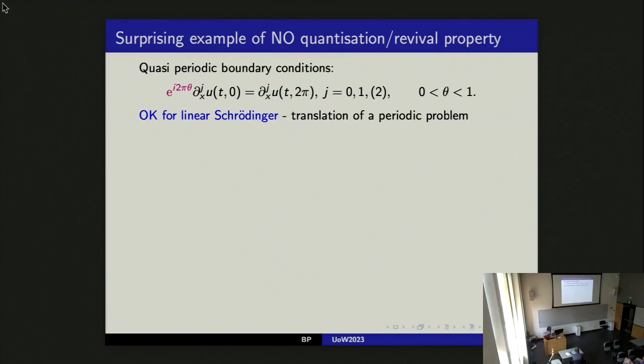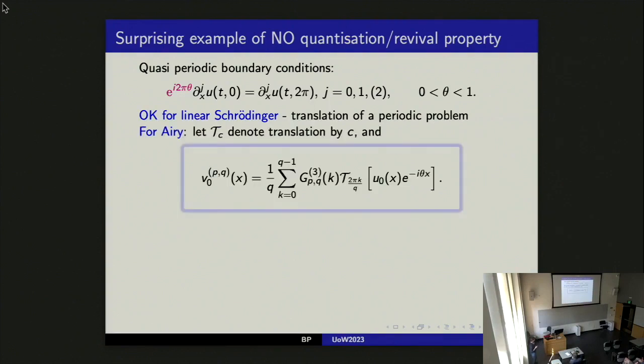The first thing you can do is looking at quasi-periodic boundary conditions. This is as close as you get to periodic conditions. If you look at these conditions for linear Schrödinger, that's just really a translation of a periodic problem in Fourier space. So nothing changes, and you have the revival and quantization effect just as for the periodic case.